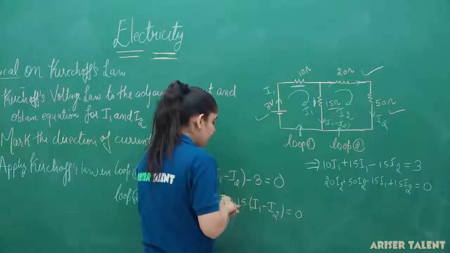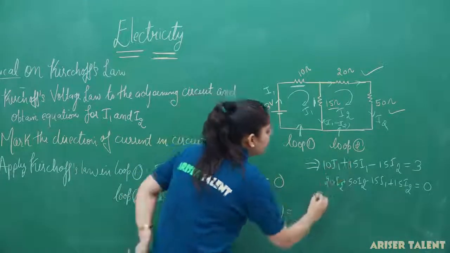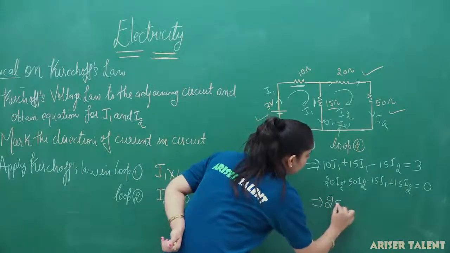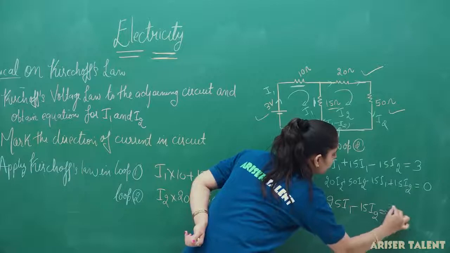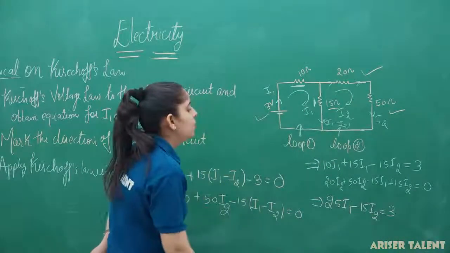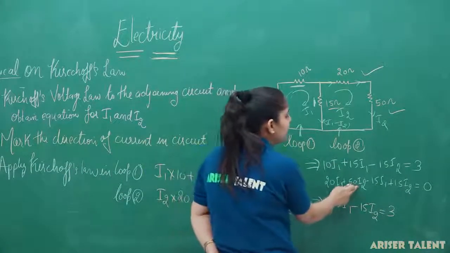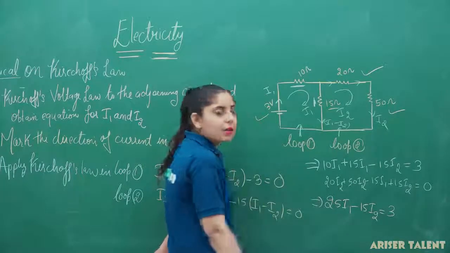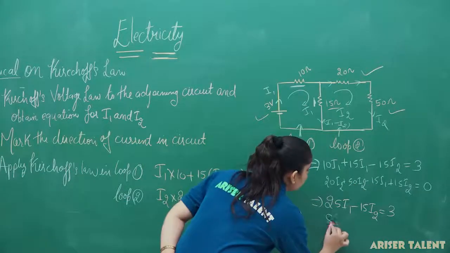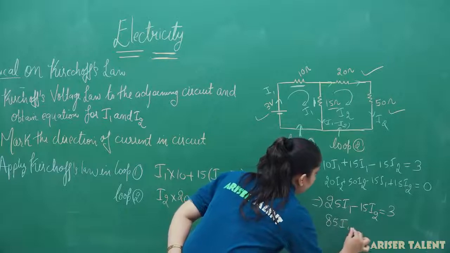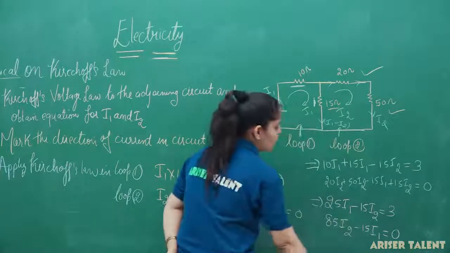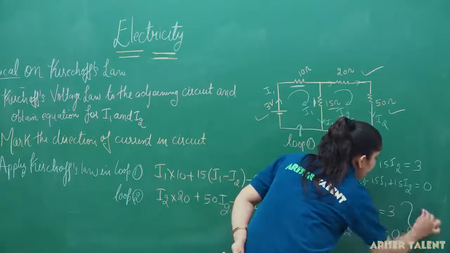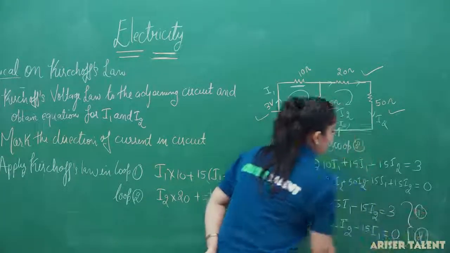Now, 10 plus 15 equal to 25 I1 minus 15 I2 equal to 3. 20 plus 50, 70, and 70 plus 15 gives you 85 I2 minus 15 I1 equal to 0. So, these are the two equations I am getting for solving.